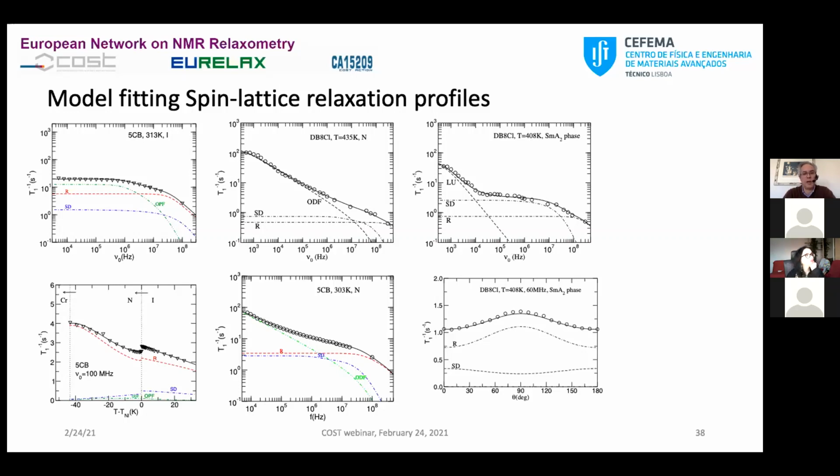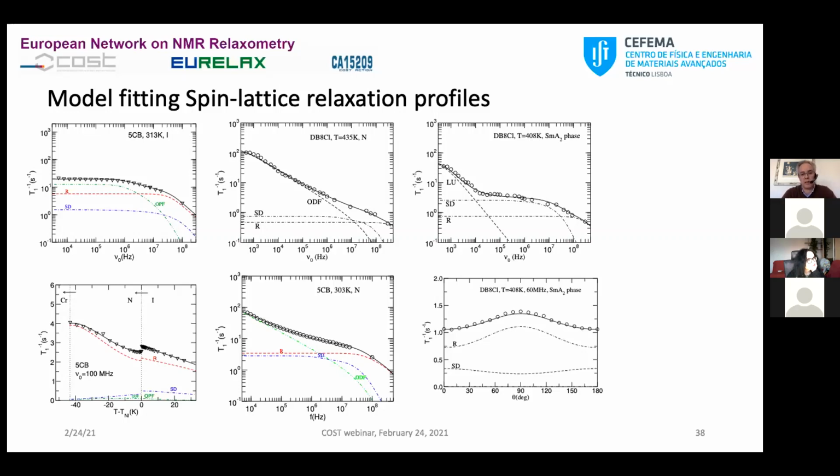If I show you this data alone, the data that you see on the screen right now, and I tell you nothing about the system, you can propose any model you wish, and you will come out with a nice alternative fit with more or less self-consistency.